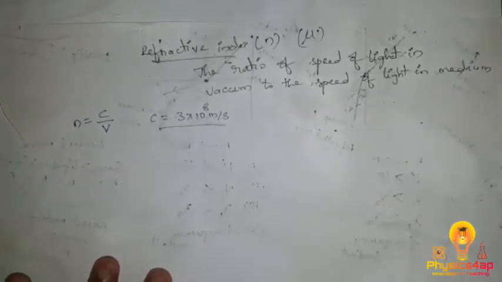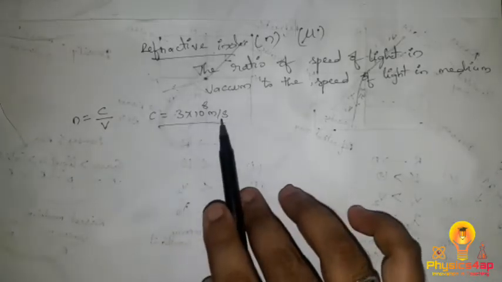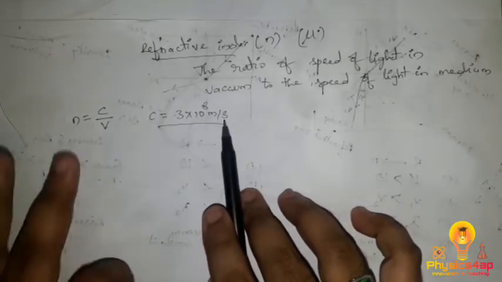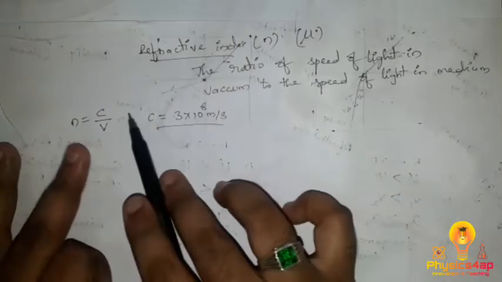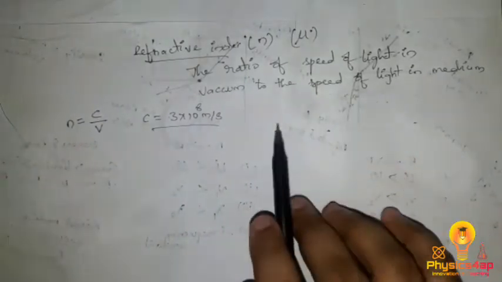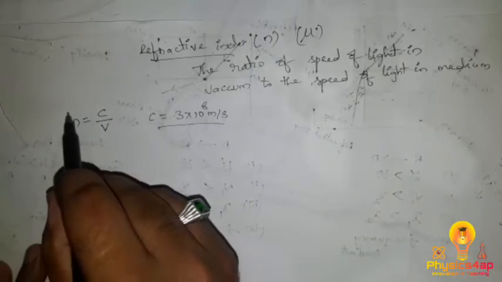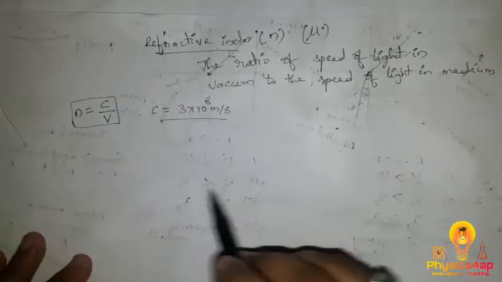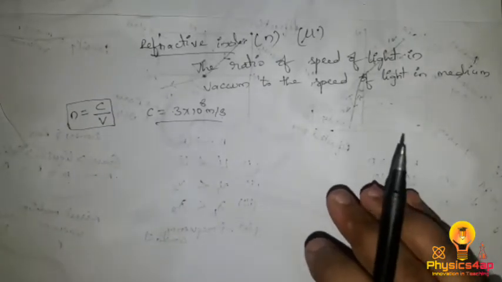By using this refractive index value, we can find out the speed of light in any medium.